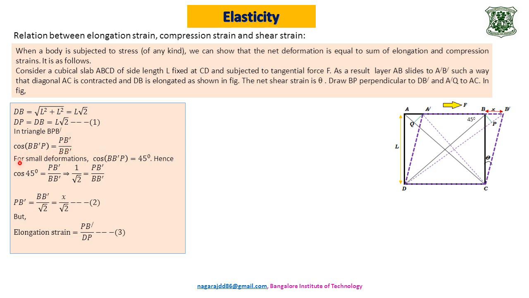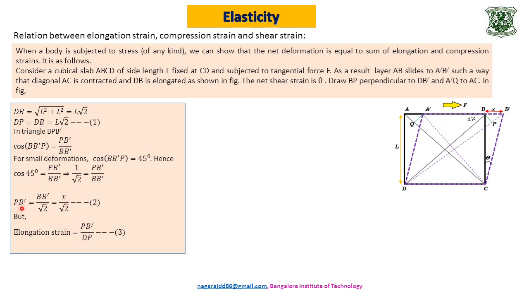As I said just now, for small deformations, that angle B dash can be taken as 45 degrees. Hence, cos 45 equals PB dash divided by BB dash. Our cos 45 is 1 by root 2, that is equal to PB dash divided by BB dash. Rewrite: PB dash equals BB dash by root 2. And in the diagram, I have taken BB dash as X, therefore it is X divided by root 2.